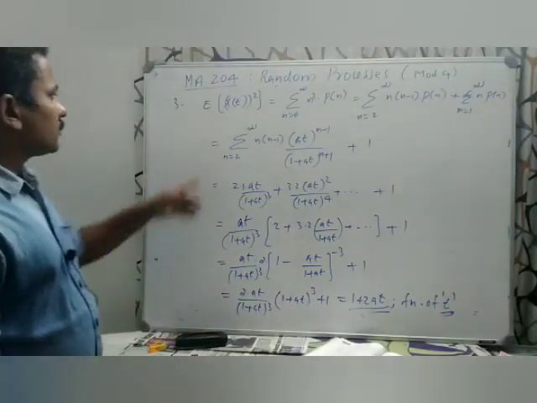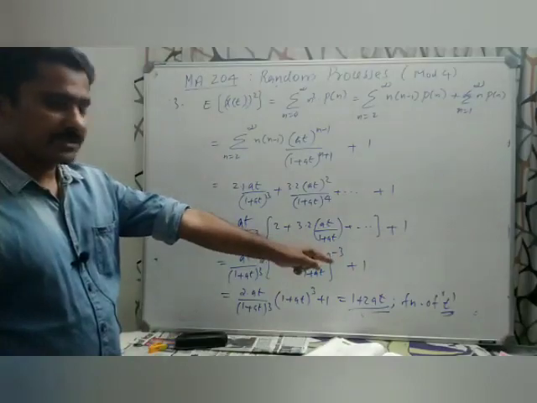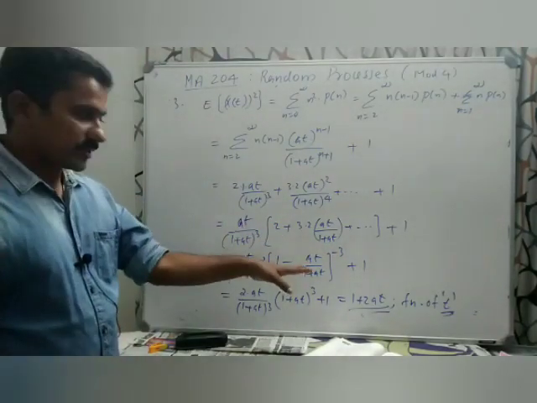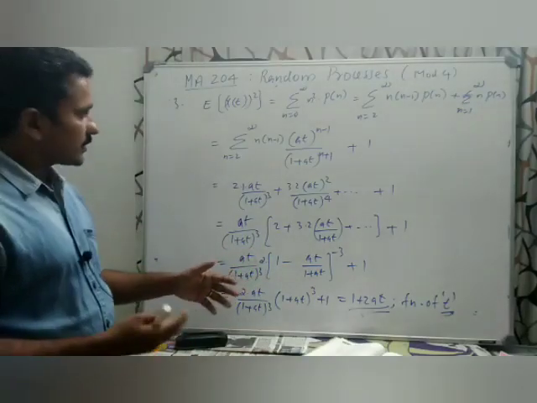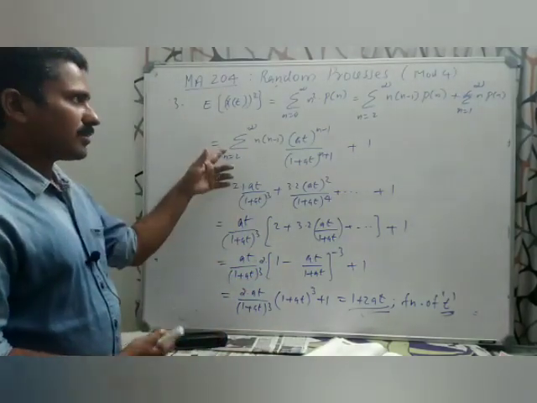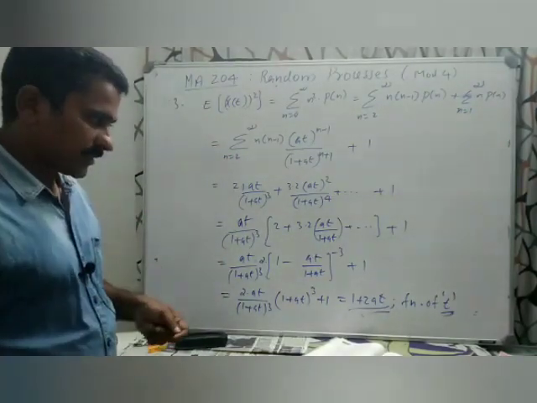Okay, so the expectation of X(t) the whole square is a function of t. It means that this is not a stationary process, because you know that the second moment depends on time. That means this is not a stationary process, but this is an evolutionary process.